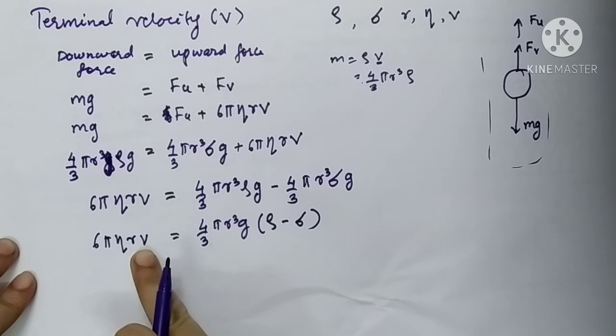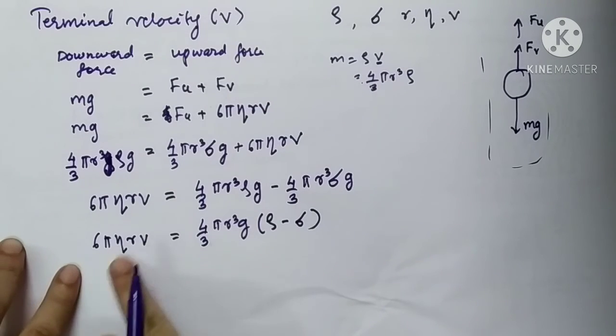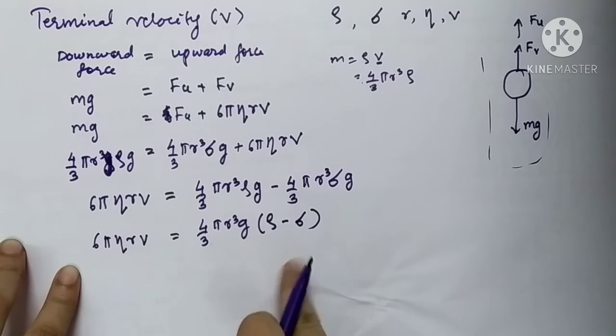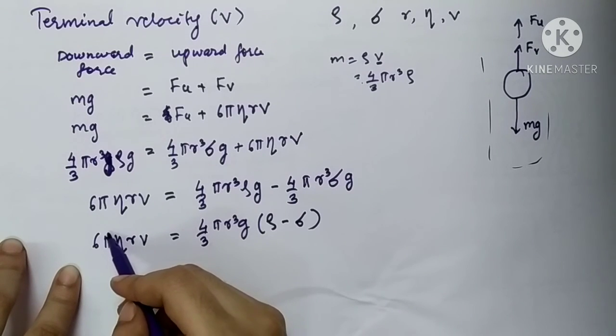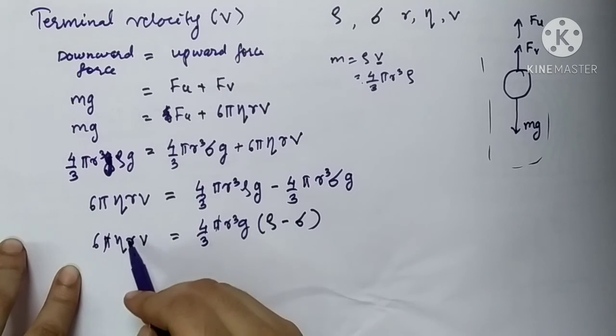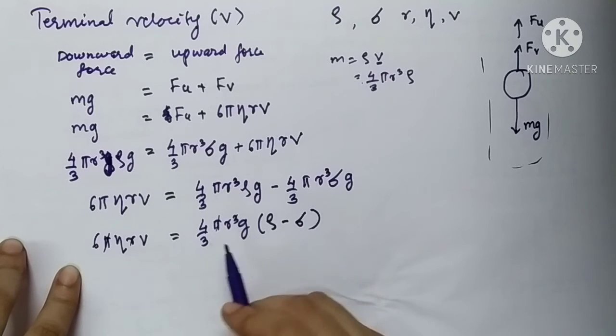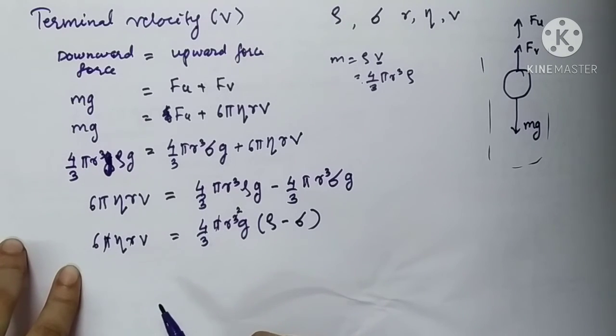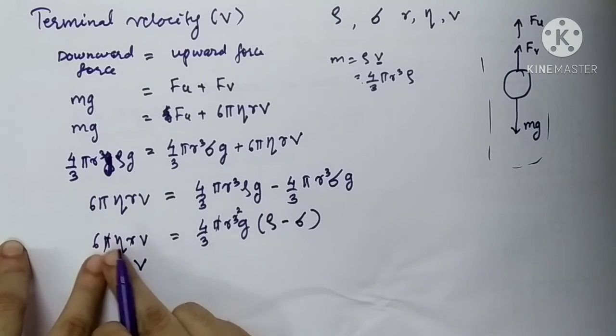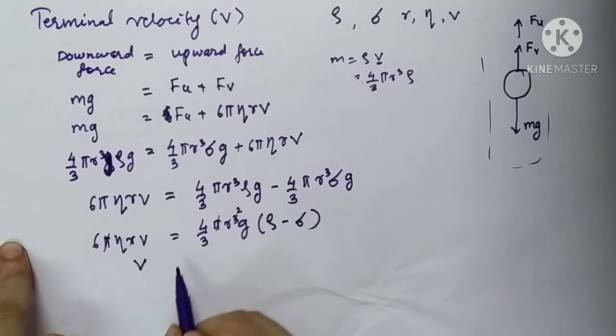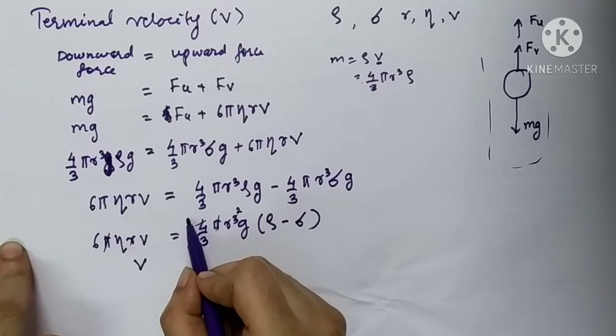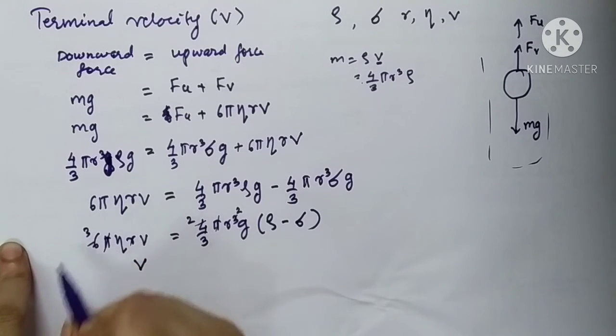Now we will have to find out the formula for v, taking the rest of the terms at this side, and here you can cancel a few terms. Pi will get cancelled, one power of r over here will be cancelled, it will become r square. So what will remain over here? v, taking remaining terms, and here also we can cancel, 2 2s are 4, 2 3s are 6.